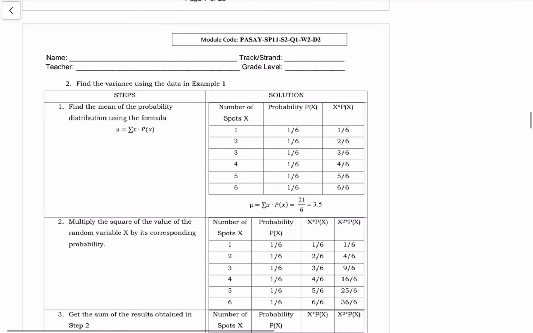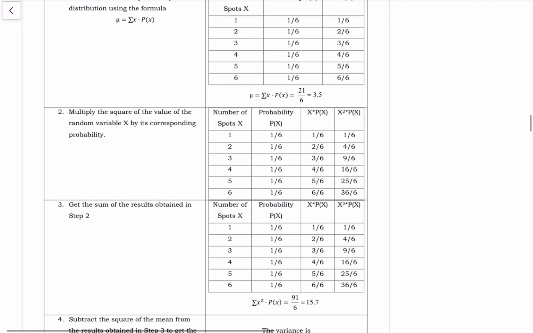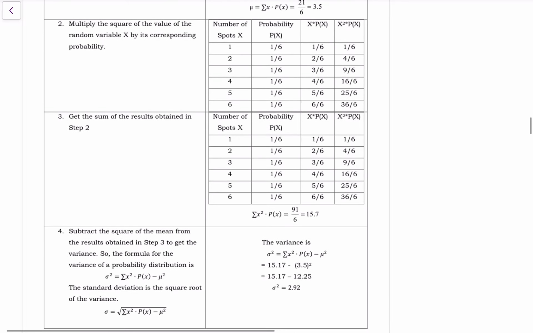Earlier, I said that when we talk about variance, that is summation of x minus mu raised to the second power all over n. Here, for the variance of a random variable, we are getting a different formula.